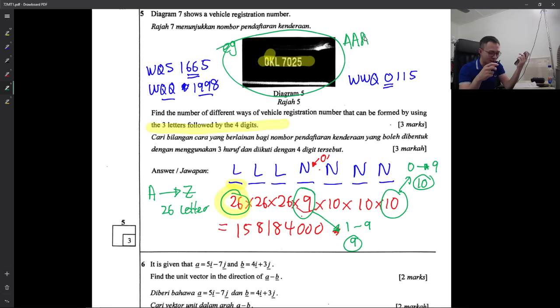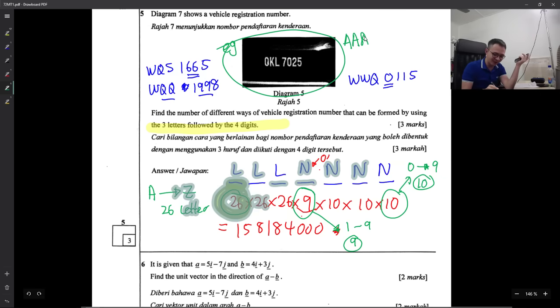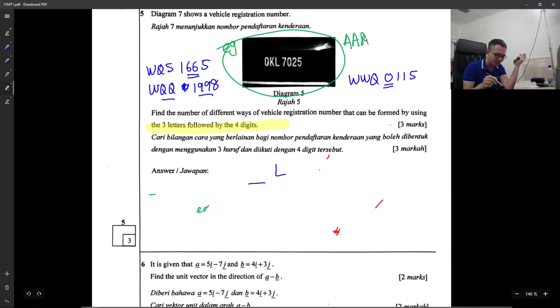Okay, let's say we work out 2 different ways. The first one is just assuming we do not use the QKL above. Now let's talk about what if you want to use the letters and numbers above, and see what answer we get.